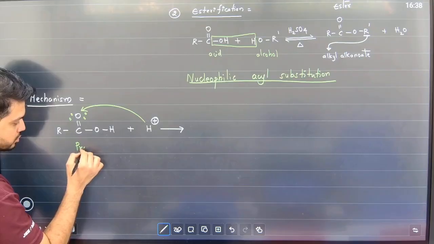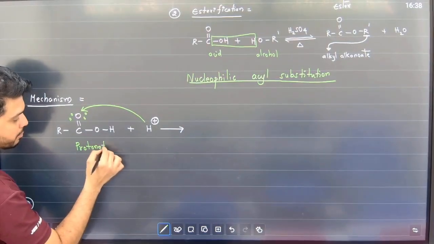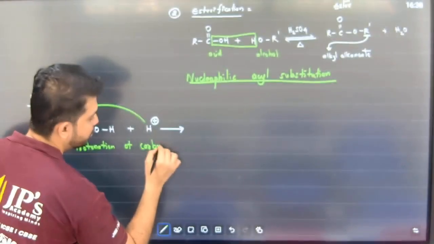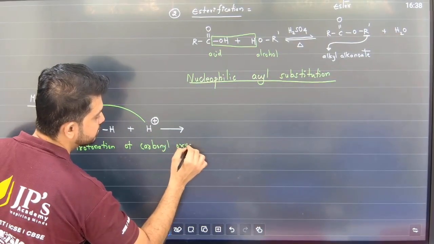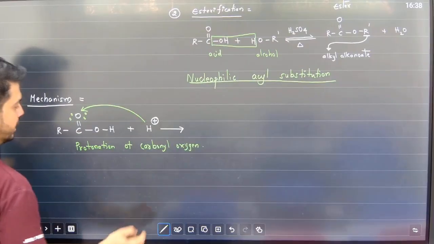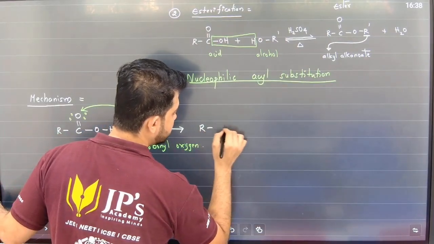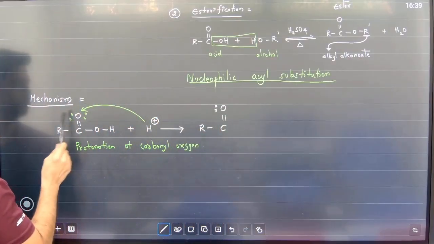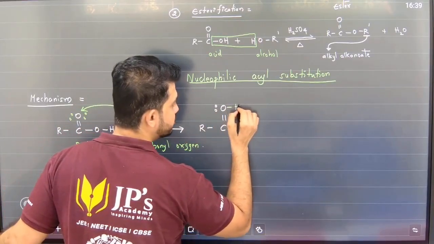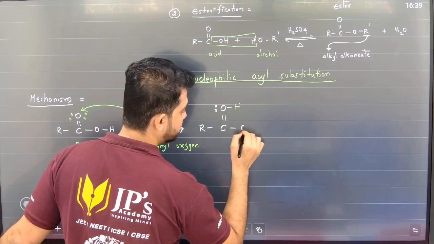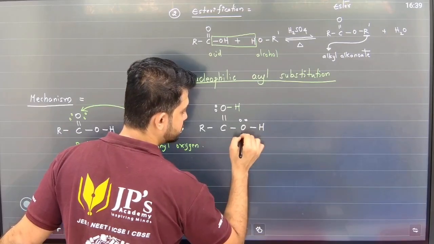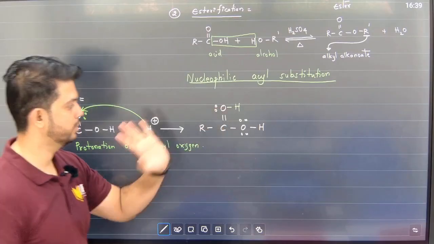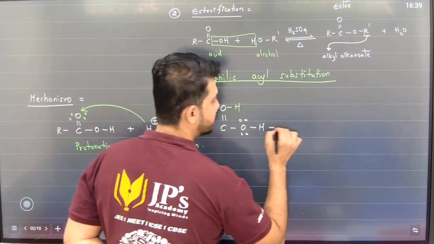So what's happening, students, over here is protonation of carbonyl oxygen, and हमारे पास है R C double bond O. Oxygen here had two lone pairs. One lone pair is now with the proton. So this is step 1, where you have protonation of the carbonyl oxygen.